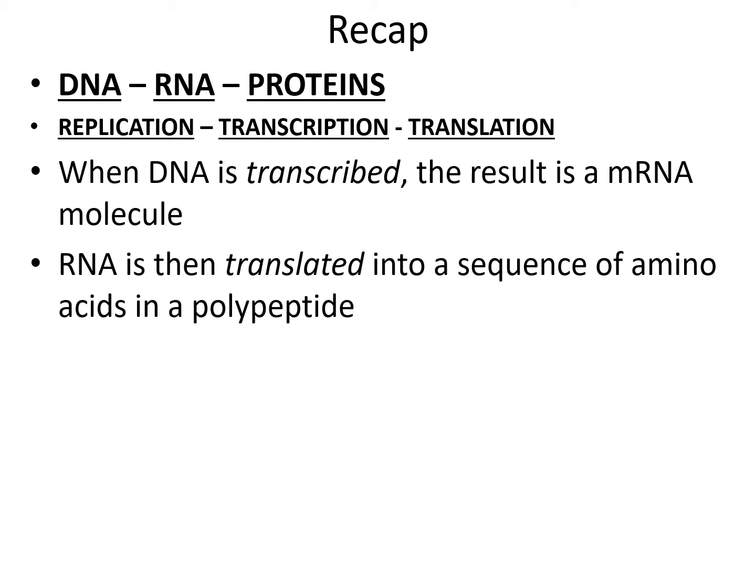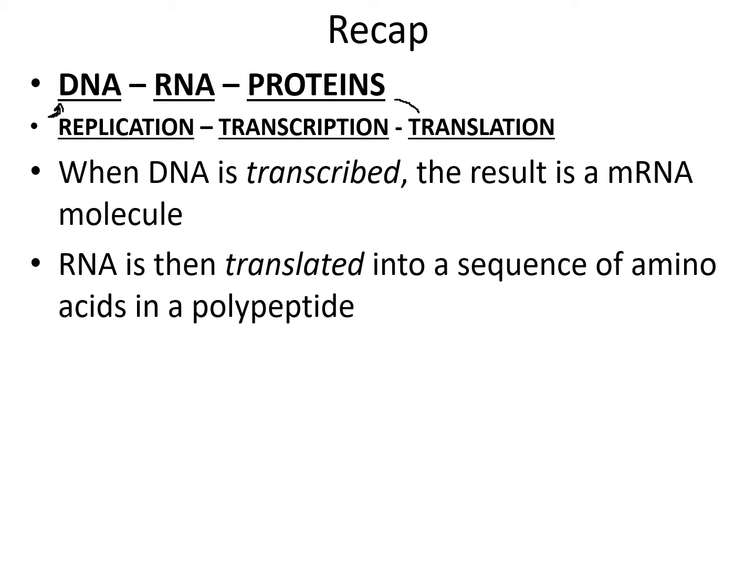So DNA itself, when we're just making copies of DNA, like in the case of mitosis, making genetically identical cells, DNA is copied using that process called replication. And then when we construct a messenger RNA molecule using DNA as a template, that is called transcription. And then when we're actually bringing in amino acids that pair with the codons within messenger RNA, that's translation.